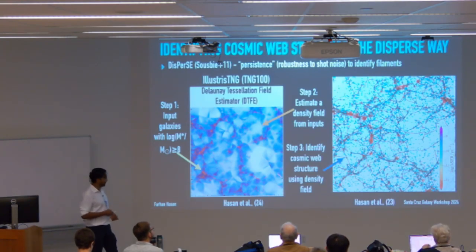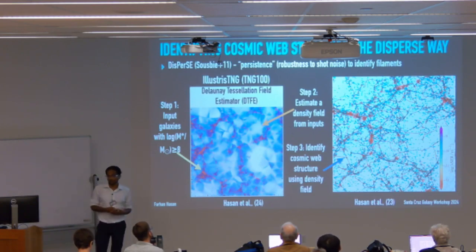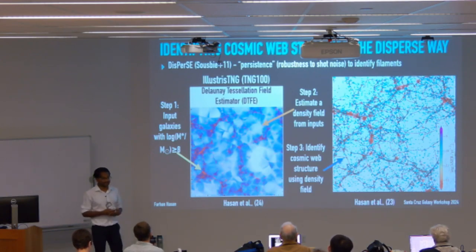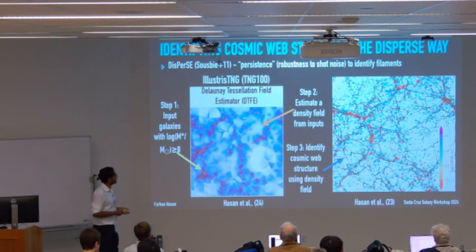You can see the filament spines as the black curves in the figure. The main parameter going into this is persistence, which is a measure of how robust an identified structure is to underlying shot noise in the data. You can think of this as like a signal to noise ratio for identifying filaments.